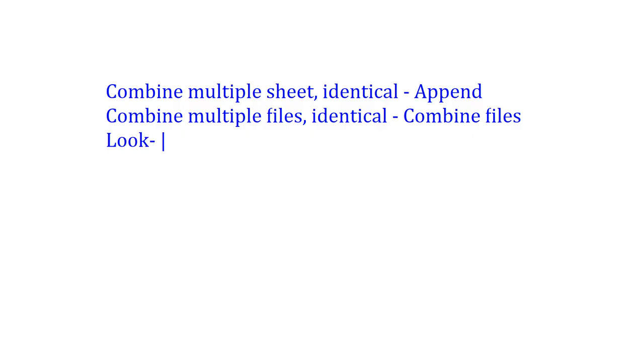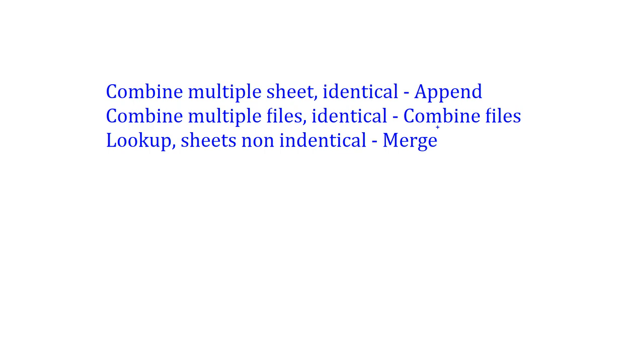If the sheets are non-identical, then we have to go for merge query. Equivalent to lookup, you have to go for merge query. So three things: appending, common columns, identical. If you want to combine, go for append. Common columns, if the files are different files, go for combine files. Two different files where one data is similar, equal to VLOOKUP, then go for merge query.